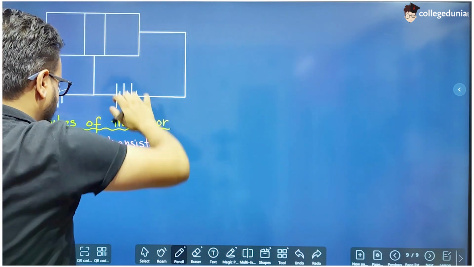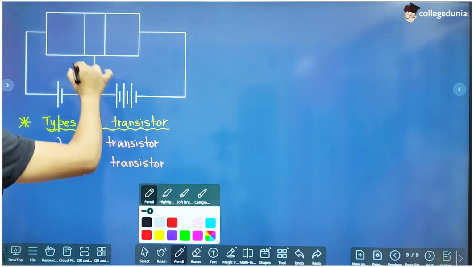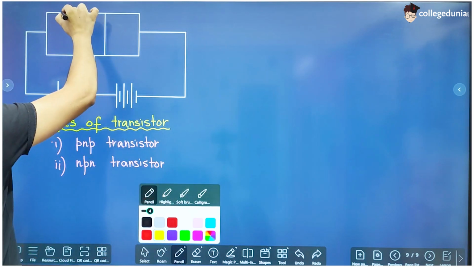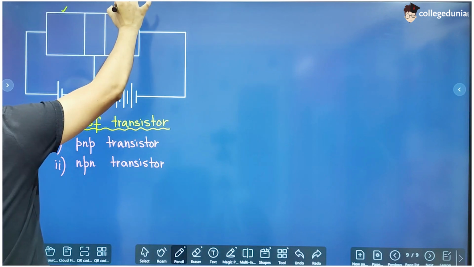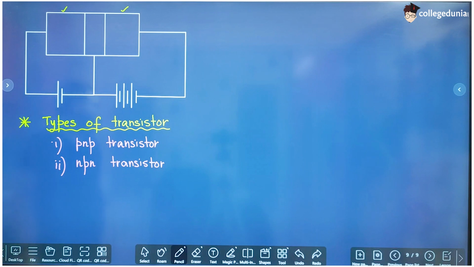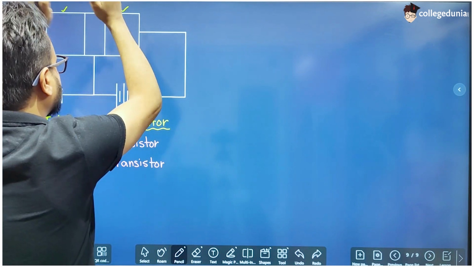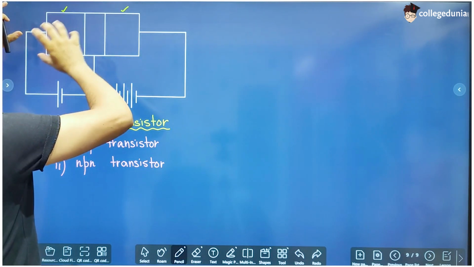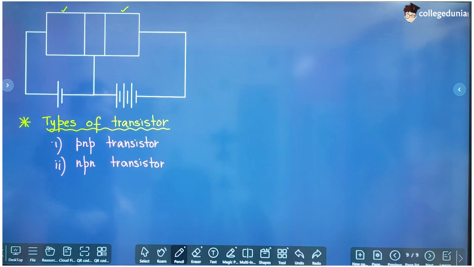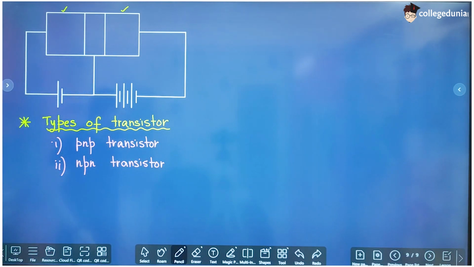For example, in a PNP transistor, this is a P-type semiconductor, this is a P-type semiconductor, but in between these P-type semiconductors there is an N-type semiconductor. And in an NPN transistor, this is N-type semiconductor, this is N-type semiconductor, and in between these two is P-type semiconductor. So PNP transistor and NPN transistor.